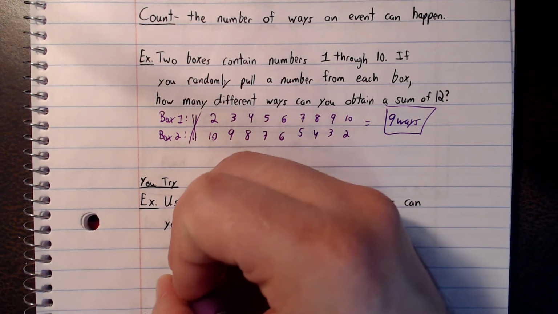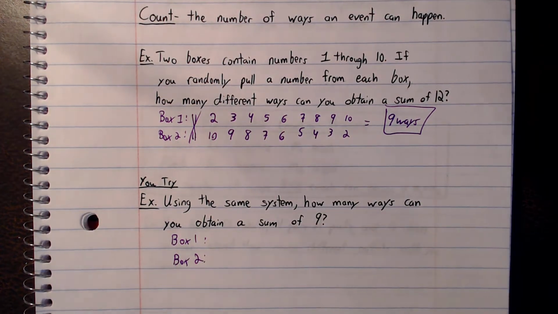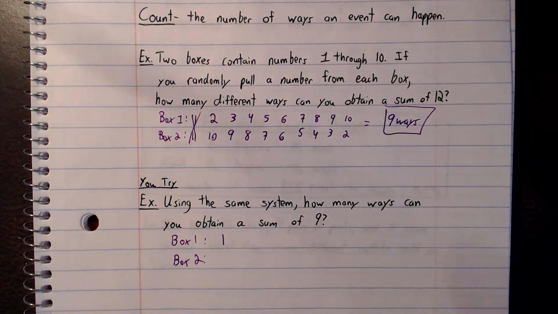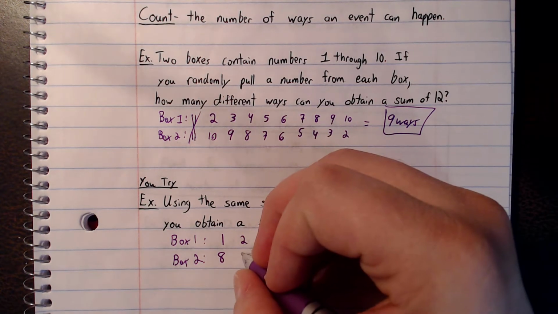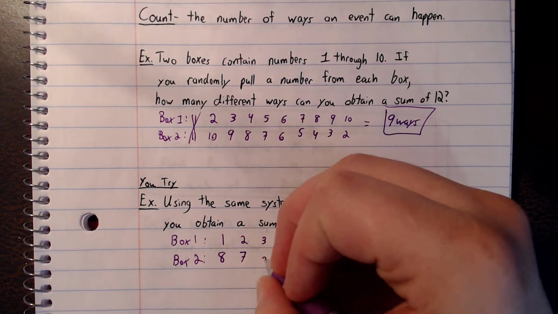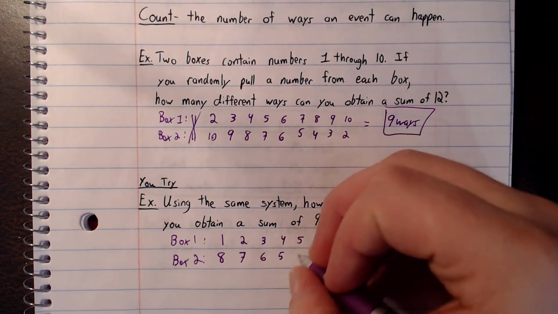Box 1 and box 2. I can pull a 1 out because I can add it to an 8. I can pull a 2 and add it to 7, a 3 with 6, a 4 with 5, and then it starts to kind of go backwards.